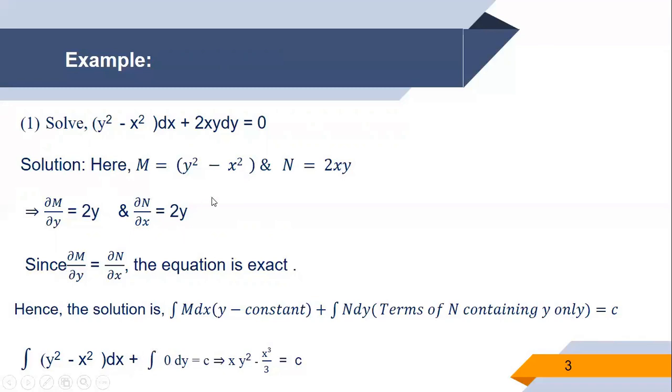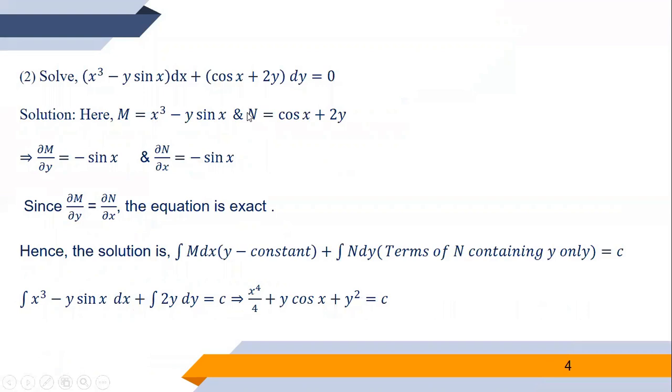For N dy, we consider only the terms that depend only on y, but here N is 2xy, which involves the variable x. So we consider 0 dy is equal to c. Y square is constant for integration with respect to x, so y square times x minus x cube by 3 is equal to c. So this is the required solution.